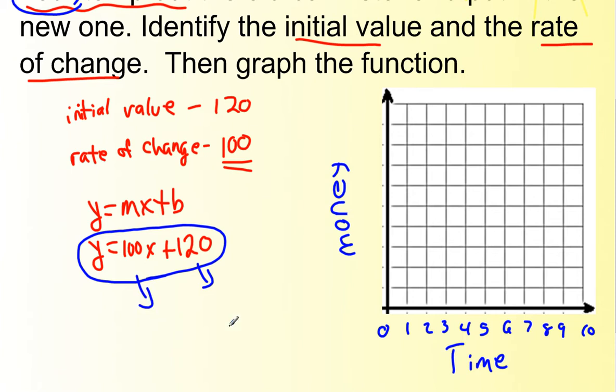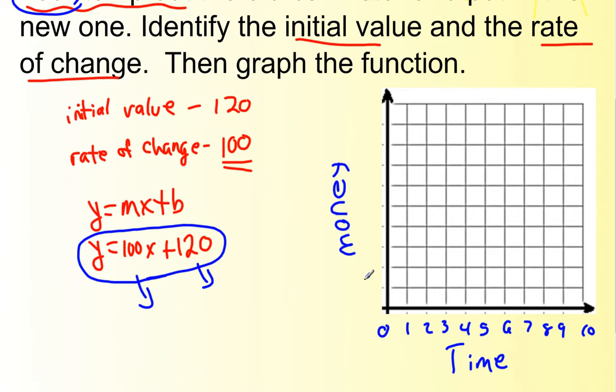I don't think it would make sense to go 10, 20, 30, 40, 50, 60, 70, 80, 90, 100, because if we count by tens, we don't even get the first initial value of $120 on there. And because this is increasing, I wouldn't get any other values either.